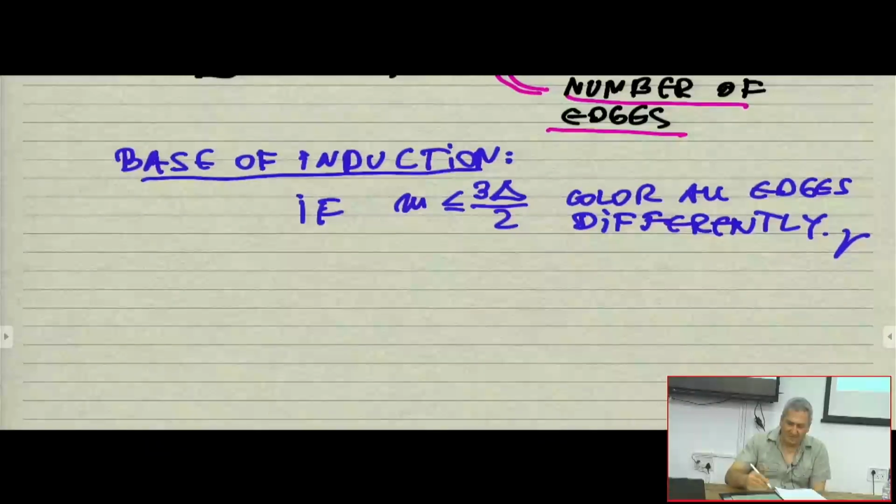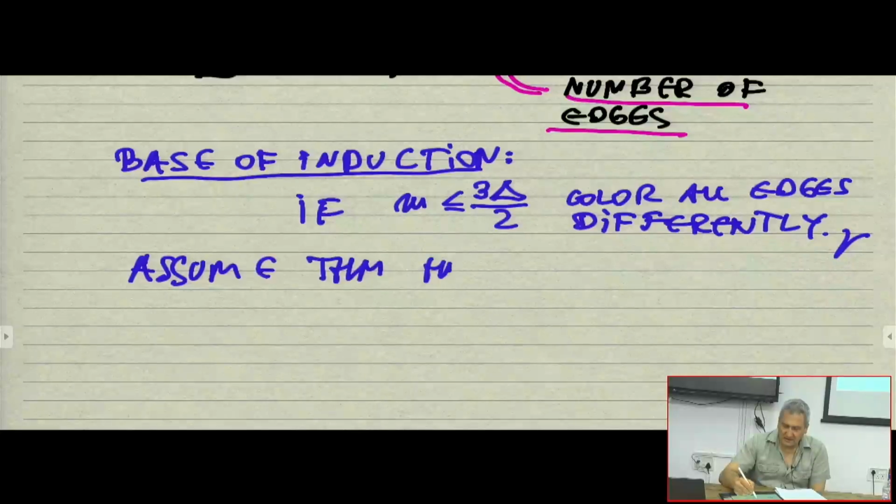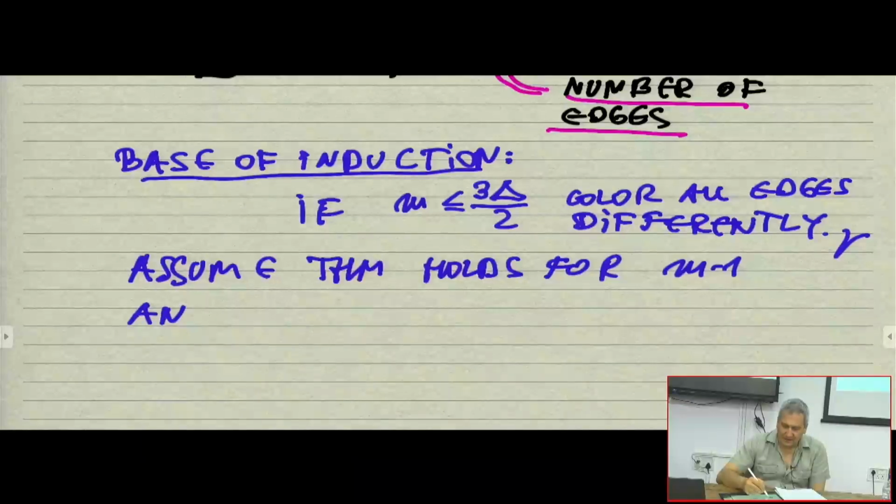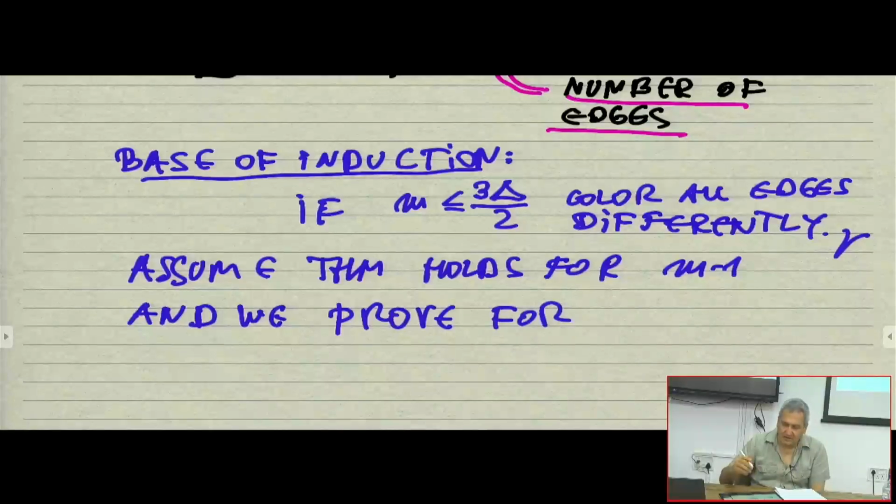So now assume that m is bigger than 3 delta over 2, and assume the theorem holds for m minus 1, and we prove it for m.